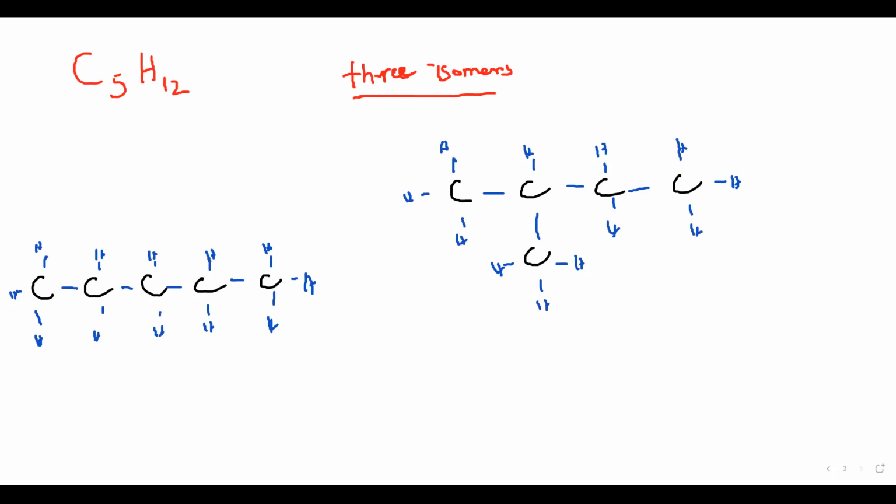So how to draw the third one? Now I will draw 3 carbon atoms in a straight line, 1 branch up, 1 branch down. I need space to draw hydrogen, so I'll draw again. Look, 3 carbon atoms we drew. So 1 branch we put up, 1 branch we put down.